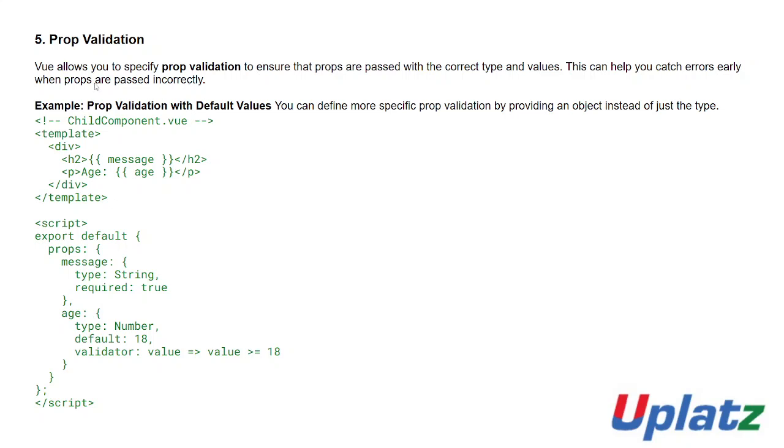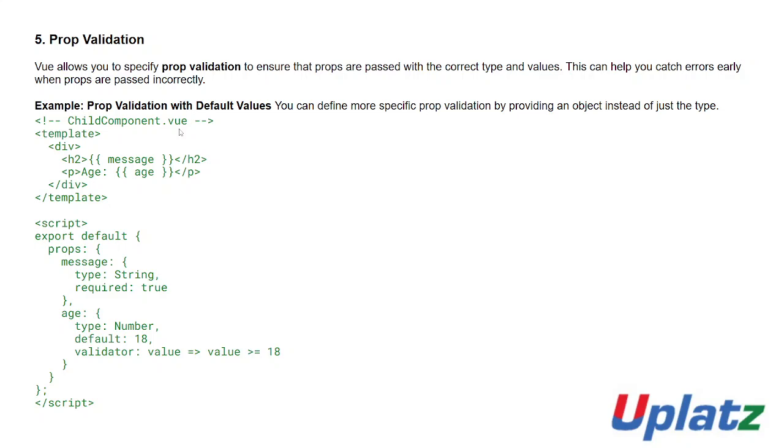Example, prop validation with default values. You can define more specific prop validation by providing an object instead of a type.